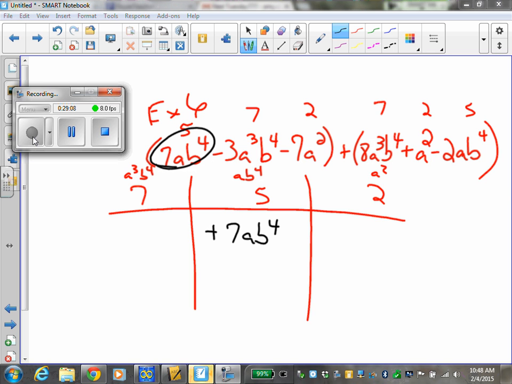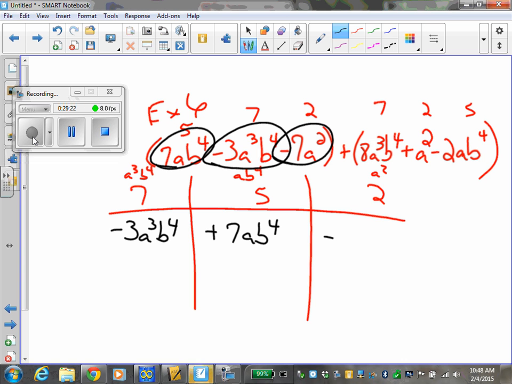Where would I put my negative 3a cubed b to the fourth? In the 7 column. Where would I put my negative 7a squared? In the 2 column. Where would I put my 8a cubed b to the fourth? In the 7, so positive 8a cubed.